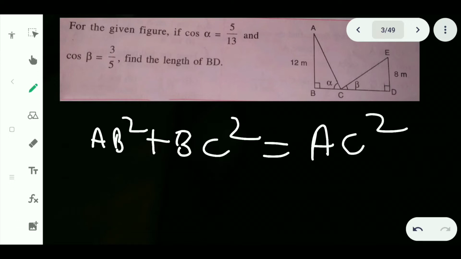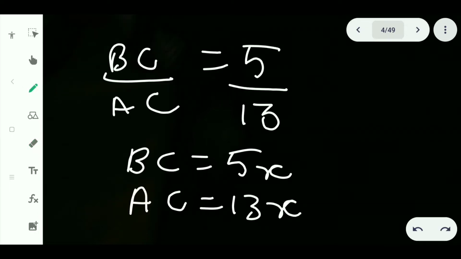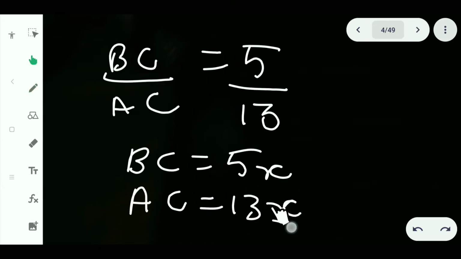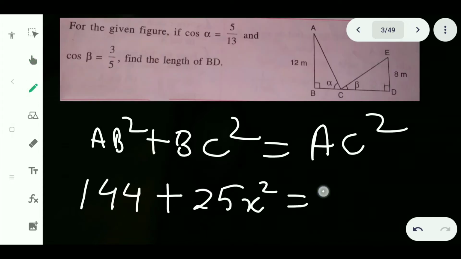So AB square is nothing but 12 square, nothing but 144 meter square, or you can just omit meter square here, plus BC square, but BC is 5x. So 5x whole square is nothing but 25x square is equal to AC square, which is 13x whole square.